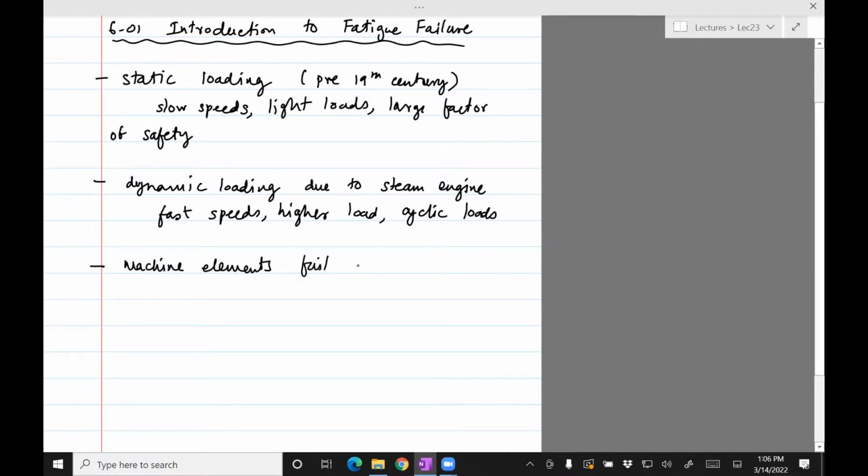So machine elements fail at a lower load when subjected to cyclic or fluctuating loads.